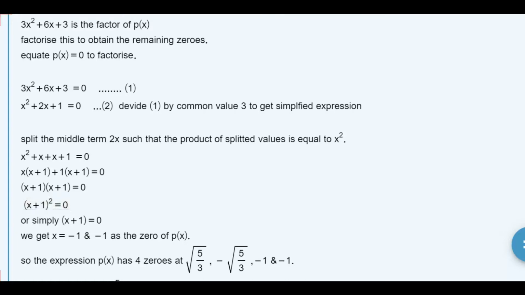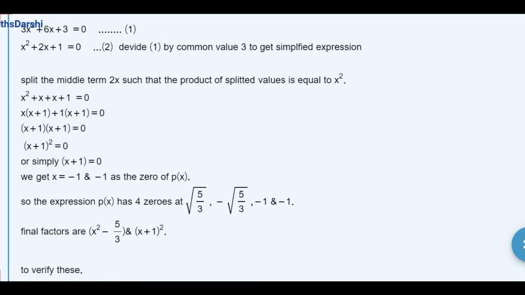So x plus 1 whole square is equal to 0, or simply, if you want to find the zeros, we take the square root. x plus 1 is equal to 0, so x is equal to minus 1 and minus 1. That means this particular factor has two zeros at the same point, minus 1.